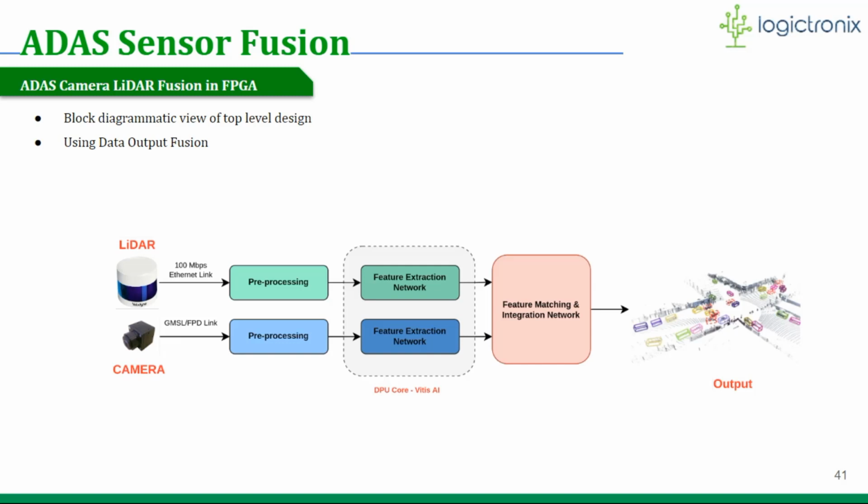Okay, for the camera feature detection, the YOLO model will be used for the detection. And in case of LiDAR, several networks such as PointNet and VoxNet are used for feature extraction. And then finally, all the extracted outputs will be combined in a feature matching and integration network. And finally, we get the output like shown here.